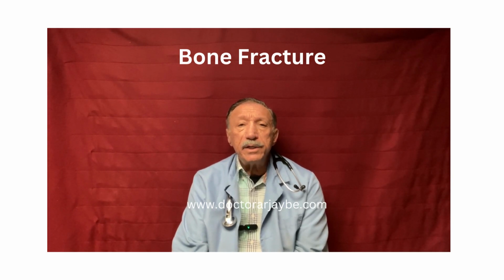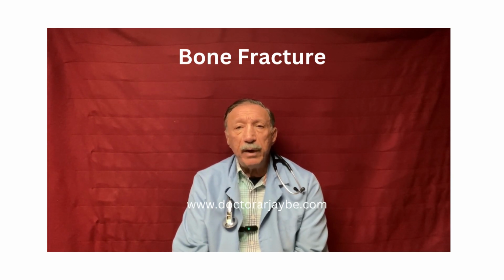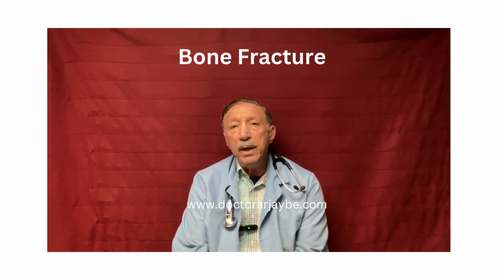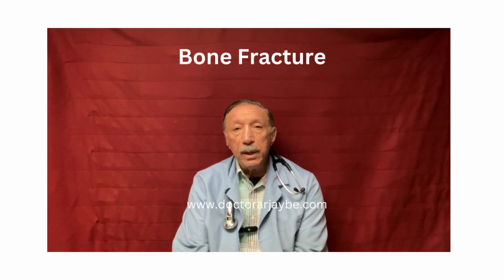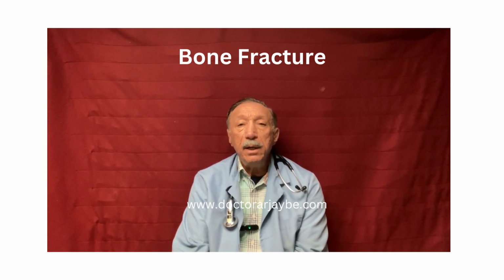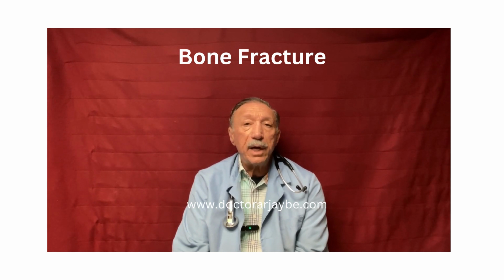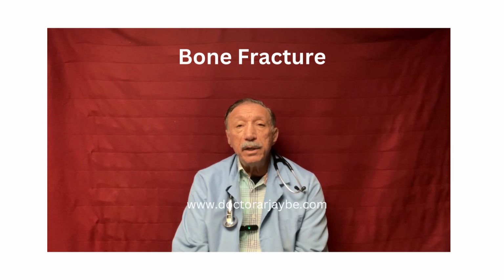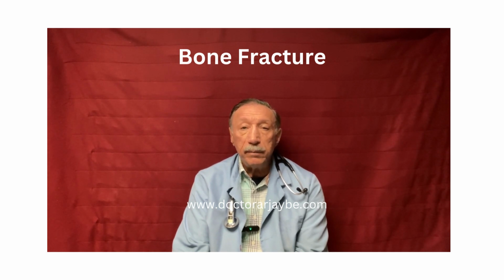There is a type of fracture called a Salter fracture, which involves a fracture in the area of the joint. And these fractures are especially concerning if this is a child who's still growing, because the Salter fracture frequently involves the growth plate.